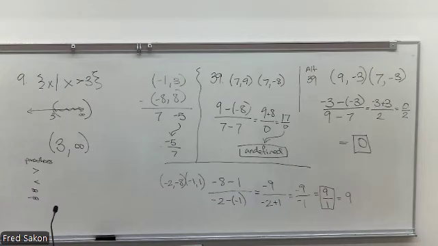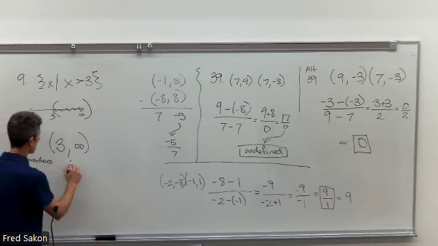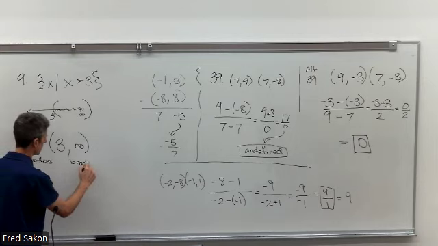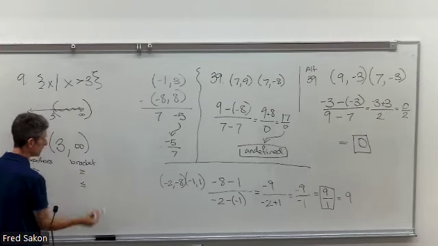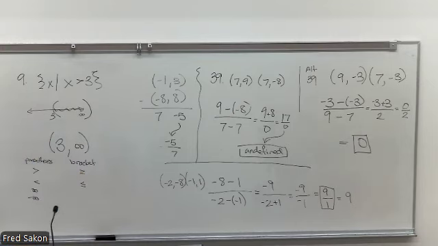You'll use square bracket when you have the equal bar, but only on the number side, not the infinity side. Some of them can have square bracket on one side, parenthesis on the other.